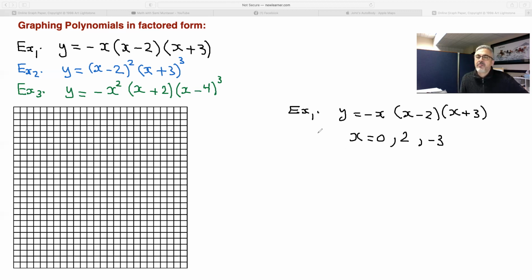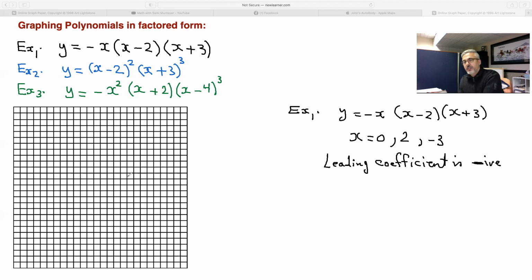Now, the leading coefficient is negative. If the leading coefficient is negative, then on the far right, at the furthest zero to the right, your graph should be going down.